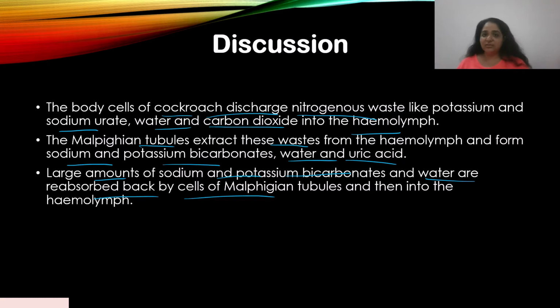We can excrete the uric acid, which we don't need, just like how human kidneys function, which we already discussed in the excretory system. So they reabsorb the water so the body does not lose water, and they reabsorb the bicarbonates, and they eliminate the uric acid from the system.